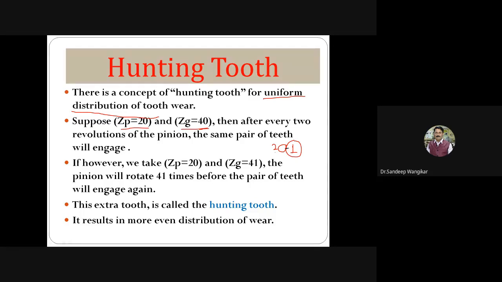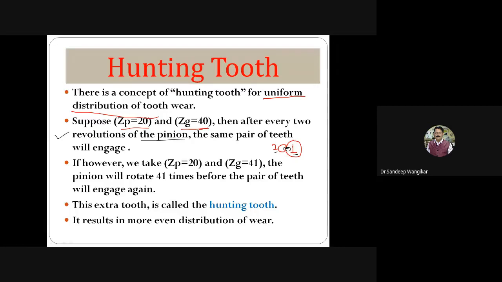After 2 revolutions of the pinion, and 1 revolution of the gear, the same pair which had mated before will mate again. This is a very important concept you have to understand here: if the number of teeth on pinion is 20 and on gear is 40, then after every 2 revolutions of pinion, the same pair of teeth will engage. Okay, so this is the first concept.